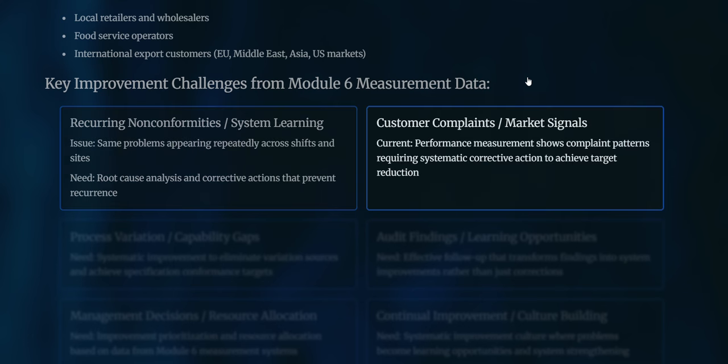The second challenge is customer complaints, which should be used as market signals. Performance measurement shows complaint patterns requiring systematic corrective actions to achieve target reduction, and we will implement that.